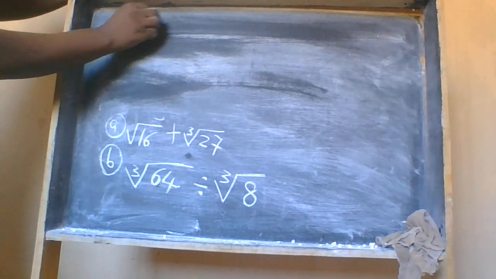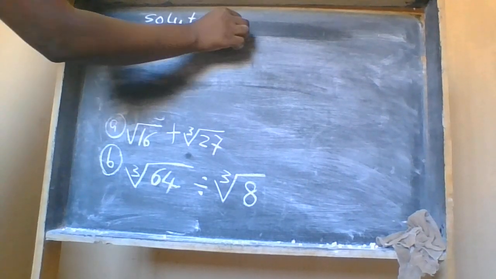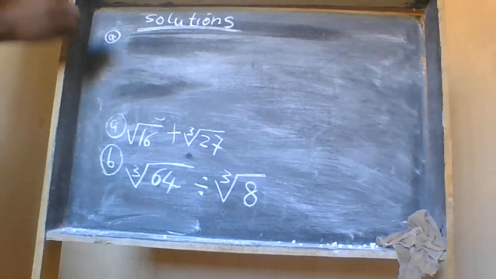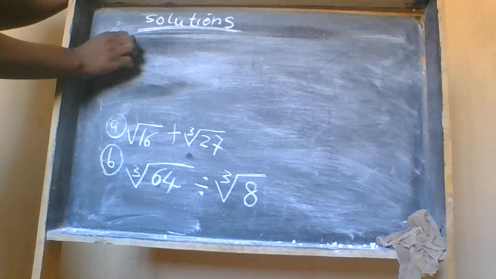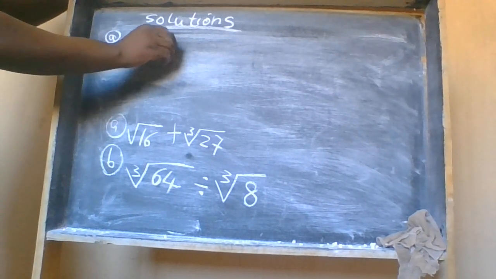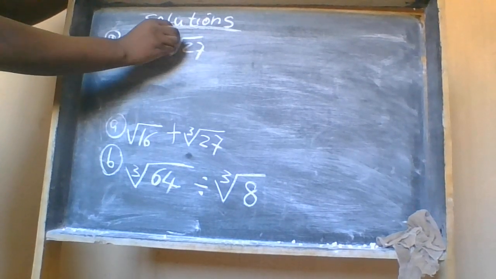So solutions. A. So for this first one, we are going to say, okay, square root of 16 plus cube root of 27.